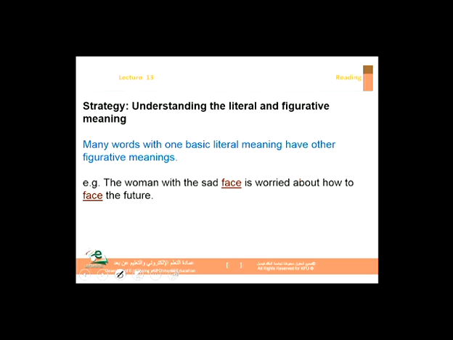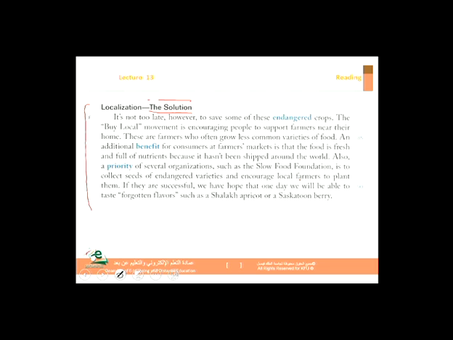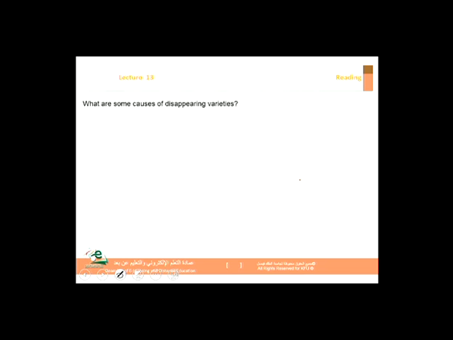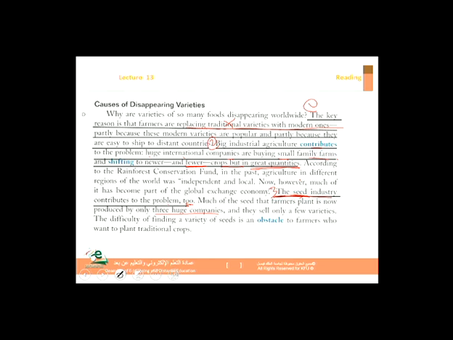Okay, now as you read this reading selection, you may have noticed that we have some words, we have thousands of examples here. Key, for example, the word key here. And what else? Distant places, distant countries, for example.